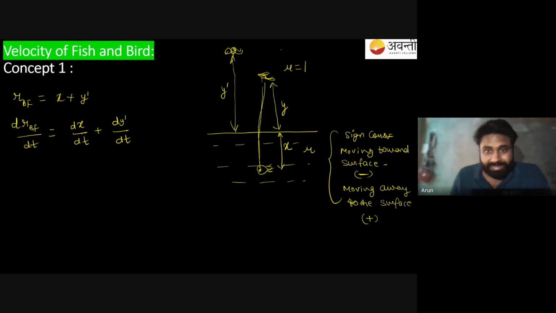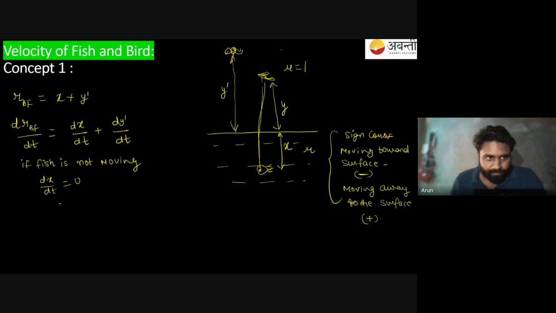So dx by dt is the change of position of fish with respect to the surface. If the fish is not moving, then this dx by dt term will be 0. This dy dash by dt is nothing but the velocity of bird.